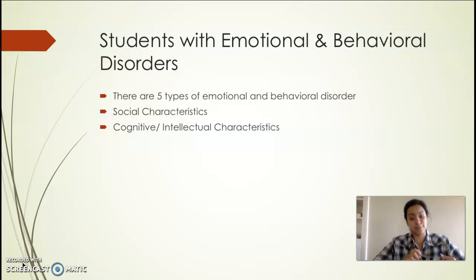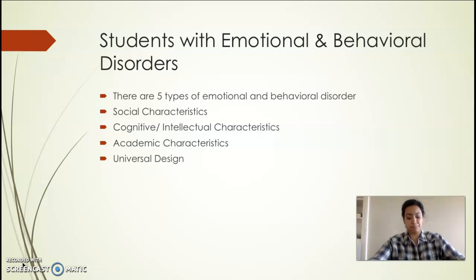Cognitive and intellectual characteristics. The GPA of students who have emotional and behavioral disorders was lower than students with disabilities. They are more than twice as likely to have missed instructional time due to being suspended or expelled. And academic characteristics: the graduation rate for students with emotional and behavioral disorders is 53%.